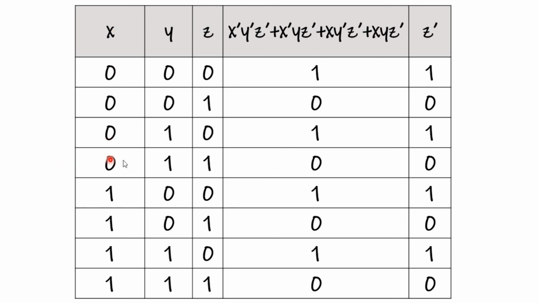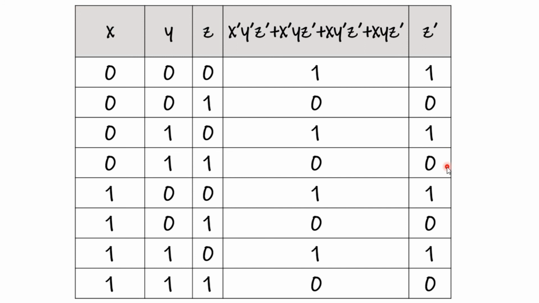Kapag 0, ibig sabihin, naka-off yung switch. Kapag 1, naka-on yung switch. So, sa 0, 1, 1, dapat makita natin na sa original function, yung logic diagram niya is naka-off yung bulb, ganun din sa Z prime logic diagram.